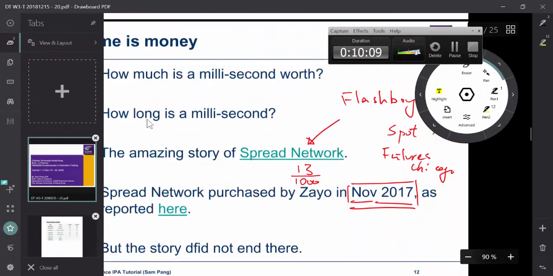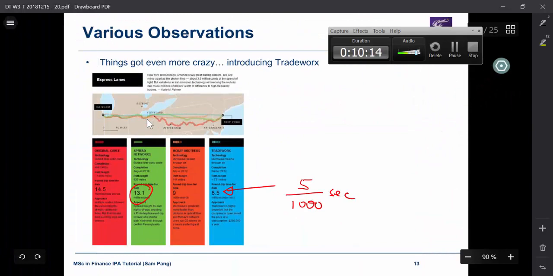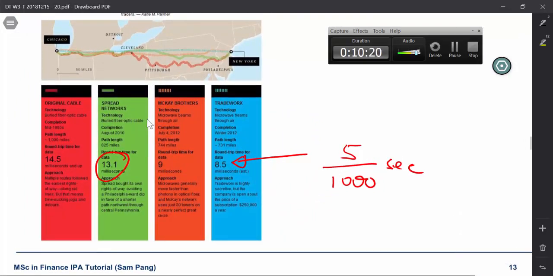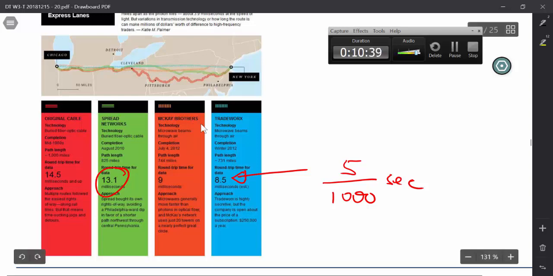If you look through your notes, you would remember I shared with you this story about a bunch of people building an optic fiber cable, probably no thicker than this. They tried to build an optic fiber cable from New York to Chicago.